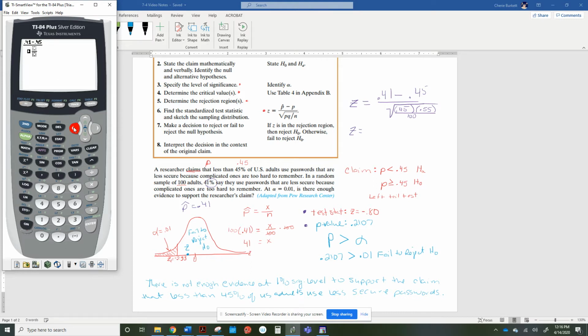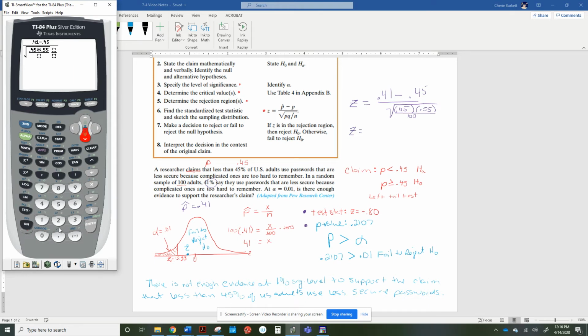And actually, I want to put a square root. Oh, okay. So I'm going to do a square root, and then I'm going to do a fraction bar. And then I will delete this one when I get over here. So I'm going to do 0.45 times 0.55.